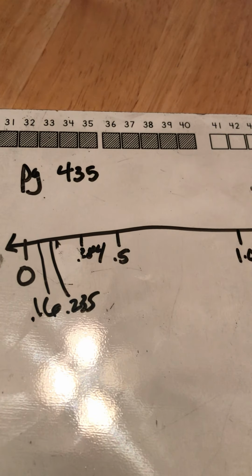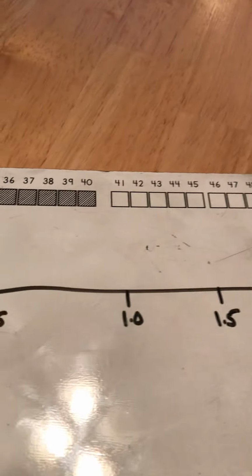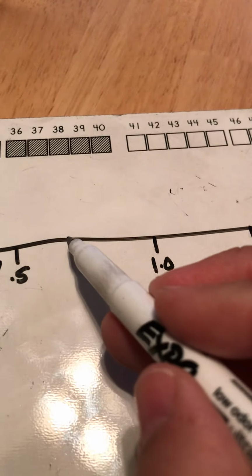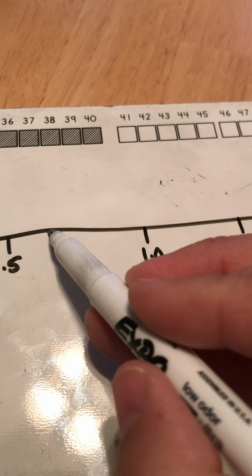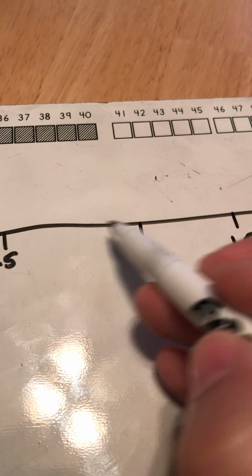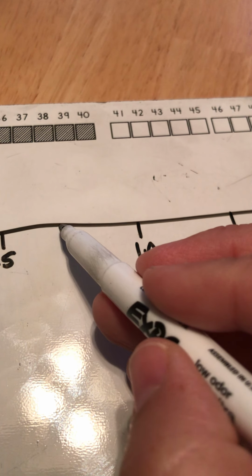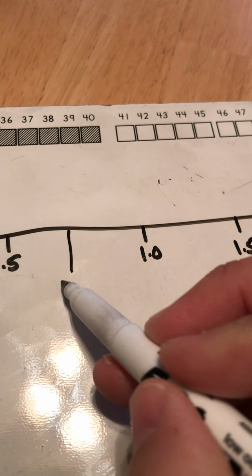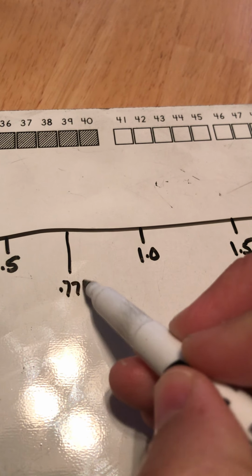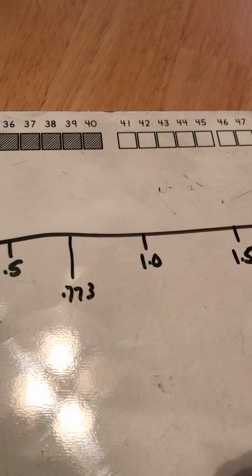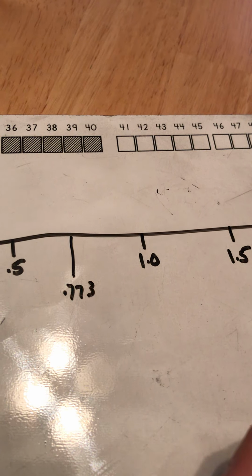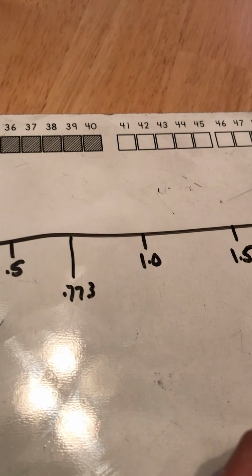All right. And then we have 773 thousandths, which would probably be, if this was like 6, 7, 8, 9, 10, right about here. 821 thousandths.